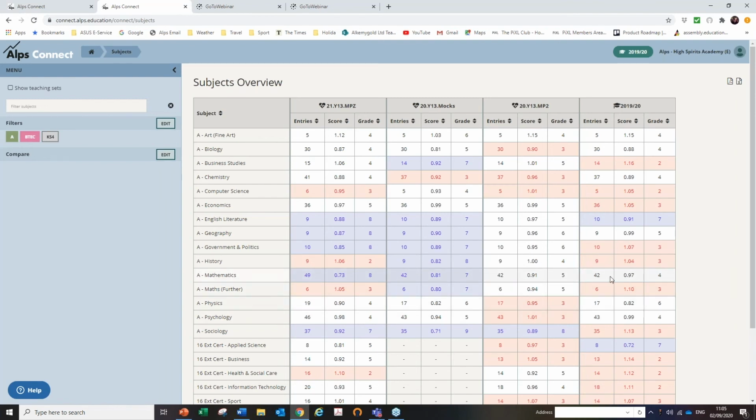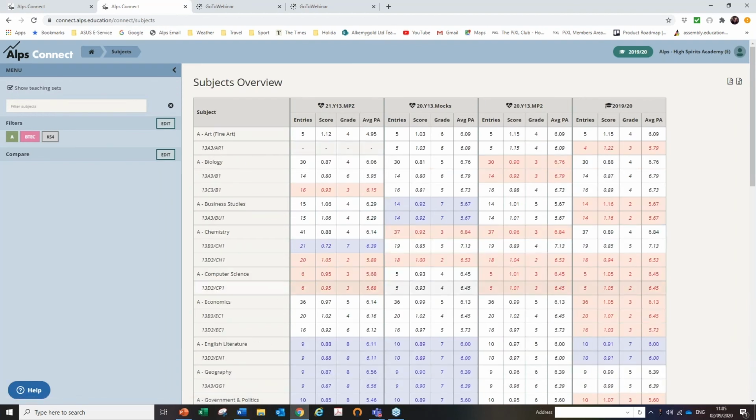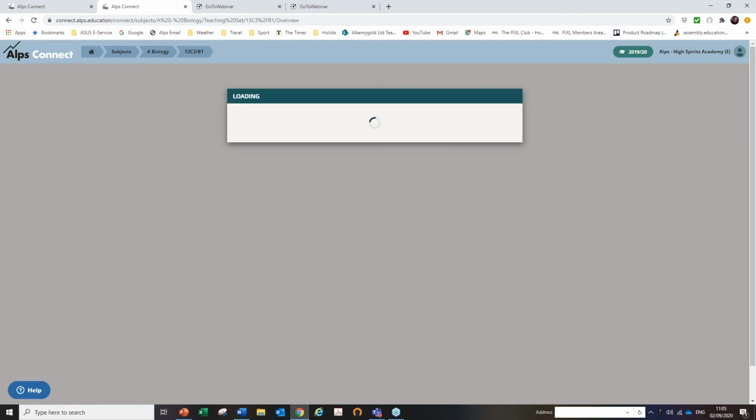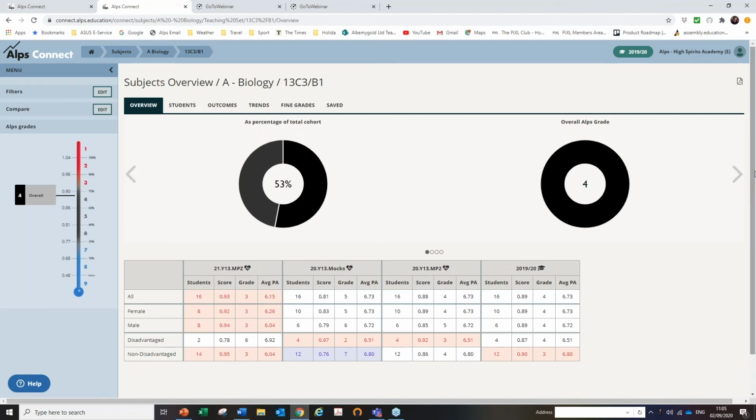So lots can be done here, analysing trends, diving from a subject's trend to an individual student, and indeed, if you wanted, to an individual teaching set. So for example, let's just pick one, biology, just to show you, same difference.